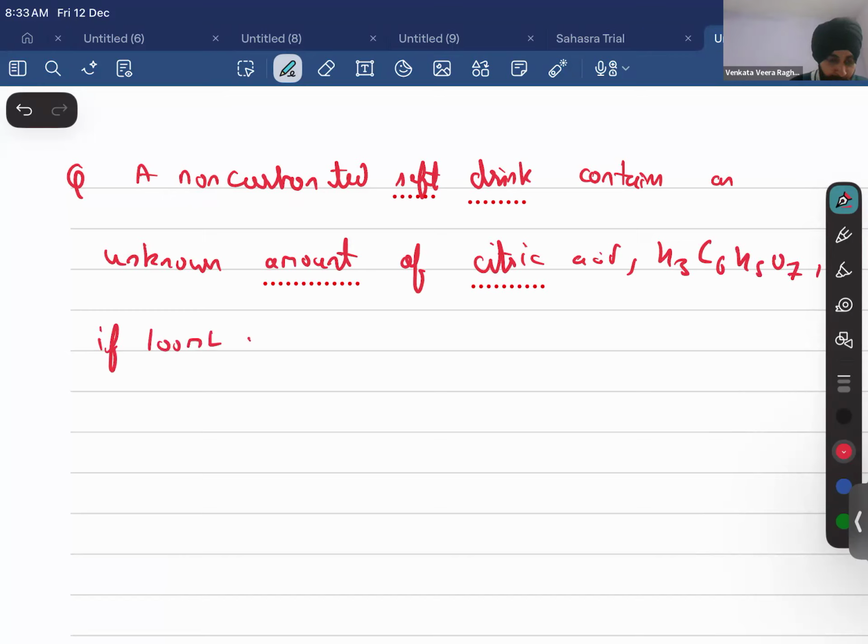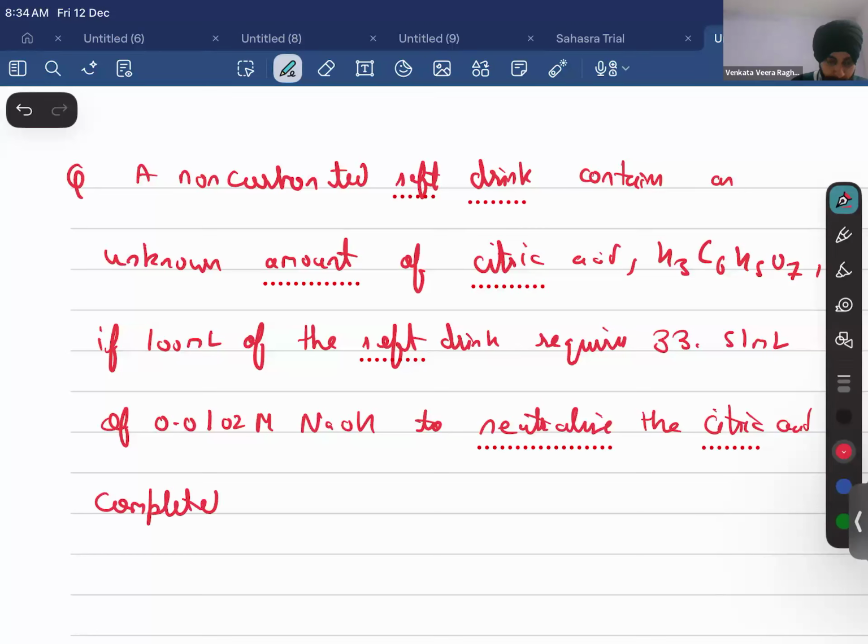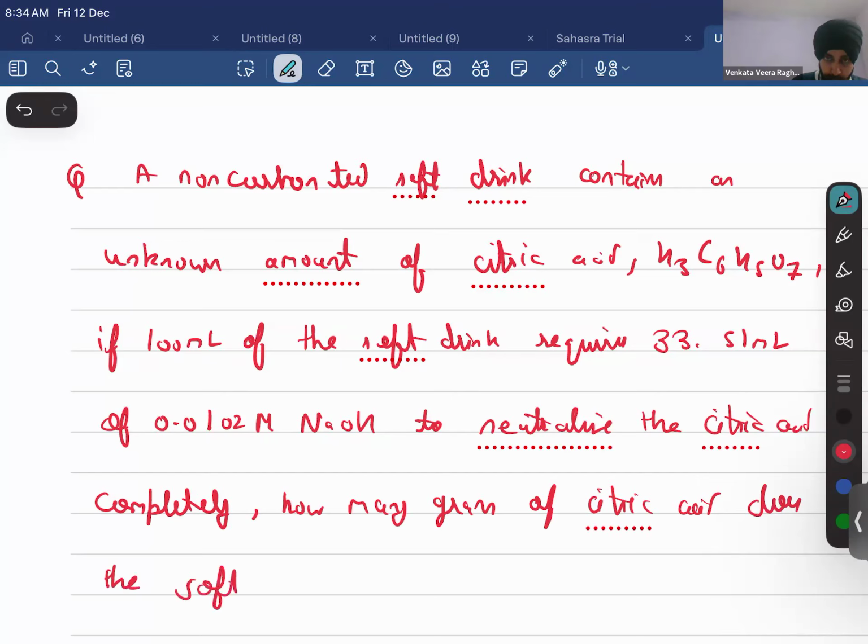If 100 ml of the soft drink requires 33.51 ml of 0.0102 molar NaOH to neutralize the citric acid completely, then how many grams of citric acid does the soft drink contain per 100 ml?